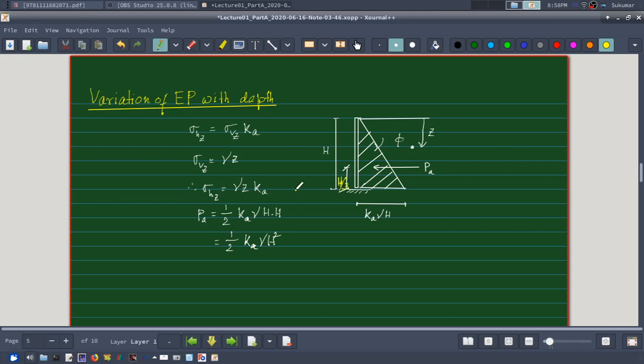Alright, my diagram is not good, the space was limited. Let me show it here. I think that will be better. So this height is h by 3.